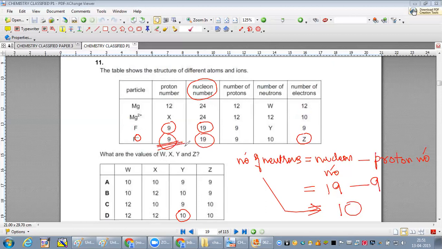So 9 protons are over here. Because here F minus is there, it's going to have 1 more electron. So instead of 9, you are going to have 10 electrons, which is Z, the number of electrons. So the correct line that matches is D.